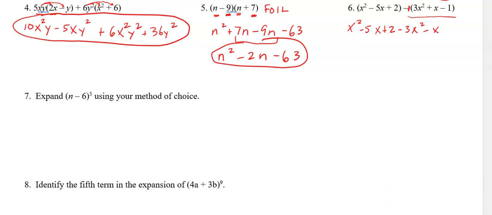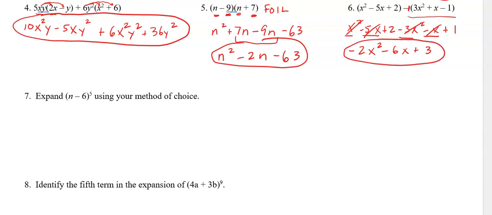And negative 1 times negative 1 is positive 1. And then I'm going to combine like terms. So x squared minus 3x squared is negative 2. 1 minus 3 is negative 2x squared. Negative 5x minus 1x is negative 6x. And then these constants, 2 plus 1, make 3.